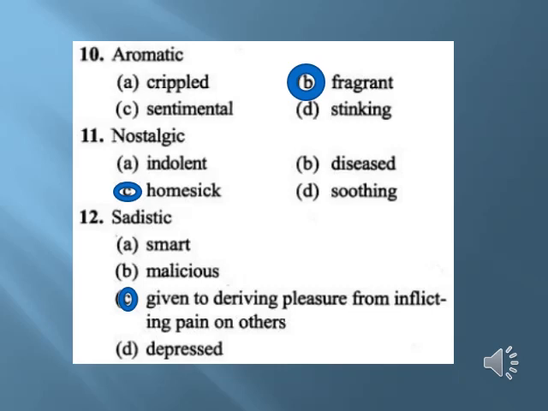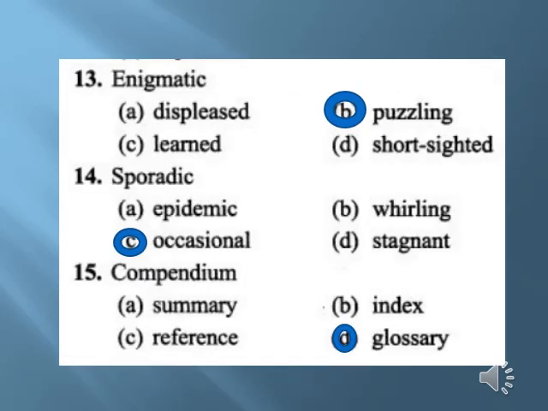So the right option will be C. Enigmatic. Enigma means something very mysterious. So enigmatic is mysterious. So the right answer will be puzzling, perplexing, which is very difficult to understand.